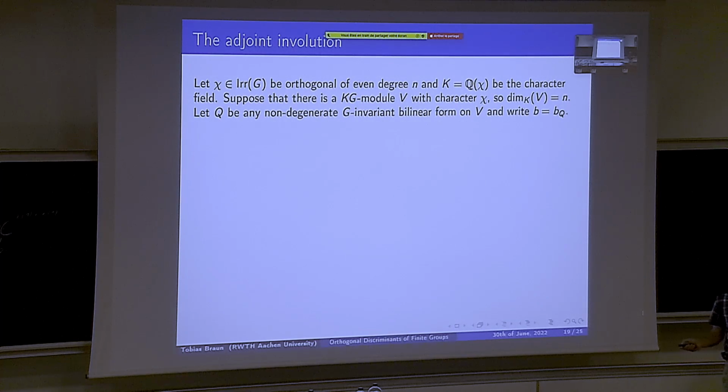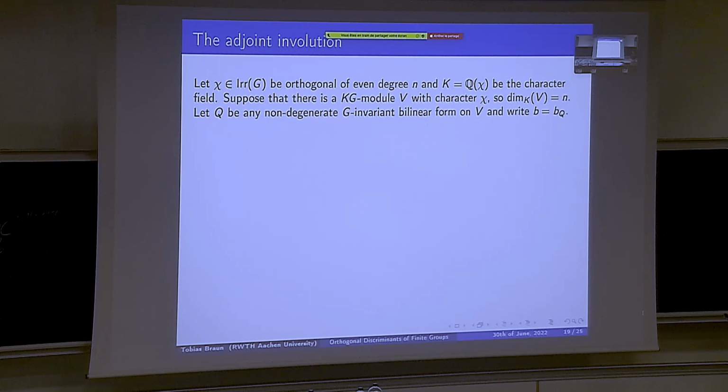So the last thing I want to talk about is the adjoint involution, and I think that's a very beautiful way to compute orthogonal discriminants. The setup is the following. Suppose we start with an orthogonal character chi of even degree n, and I want to denote K for the character field because I'm too lazy to always write Q(chi).